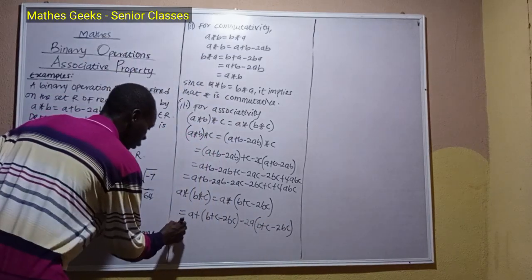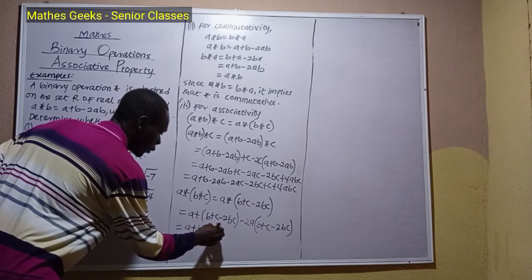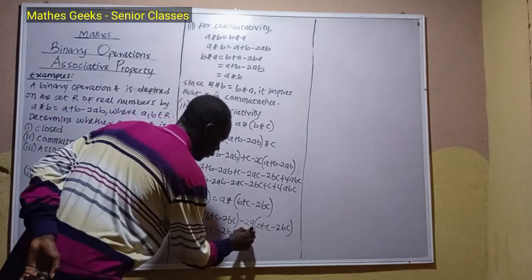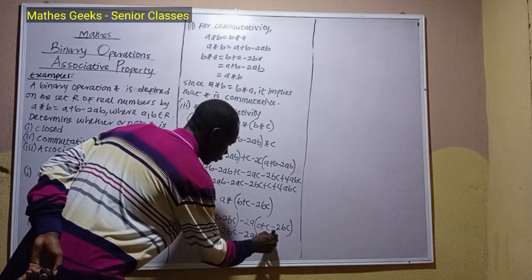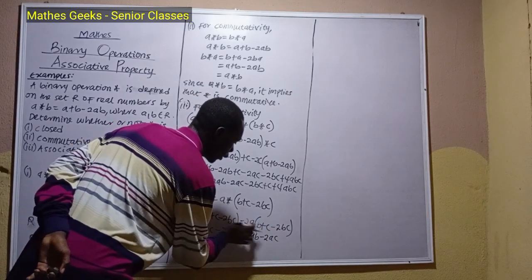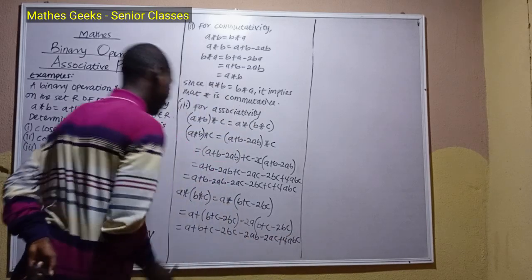So let's open our bracket. A plus B plus C minus 2BC, minus 2A times B gives minus 2AB, minus 2A times C gives minus 2AC, minus 2A times minus 2BC gives plus 4ABC.